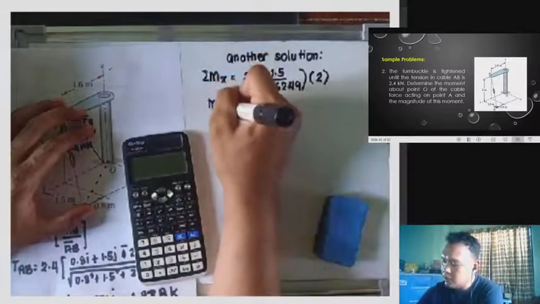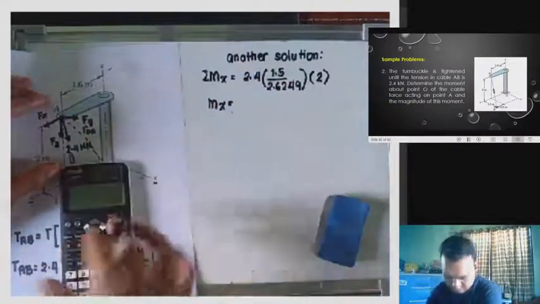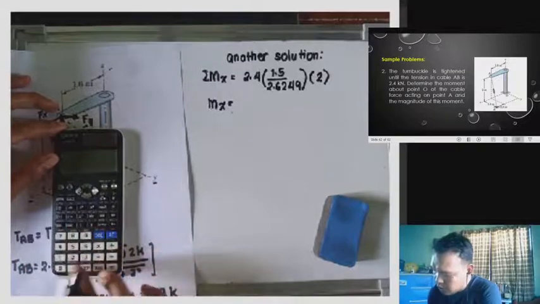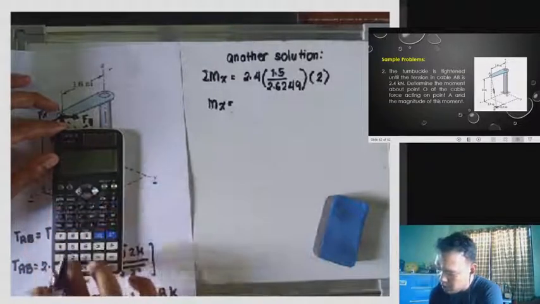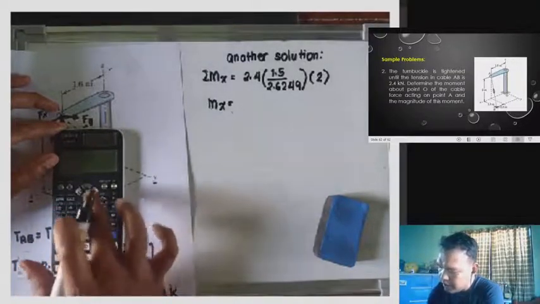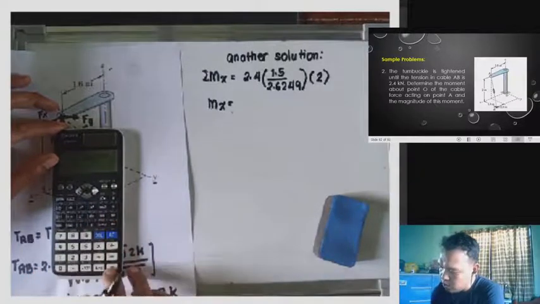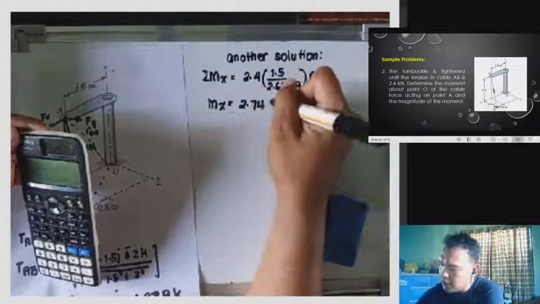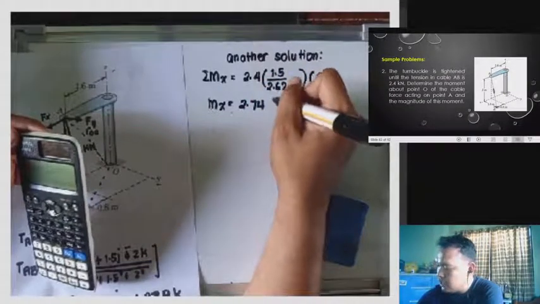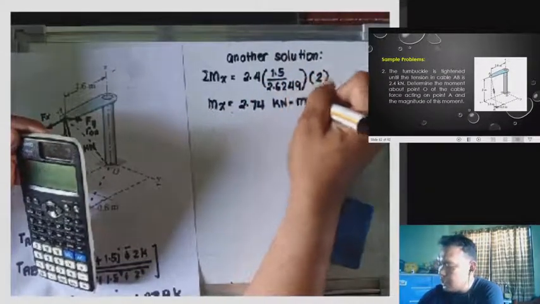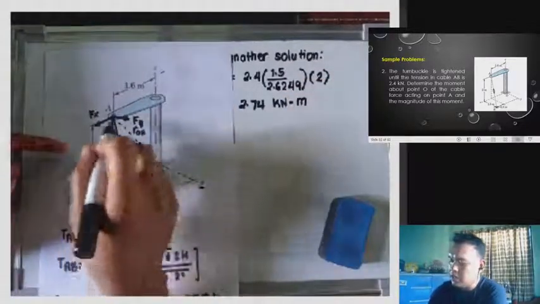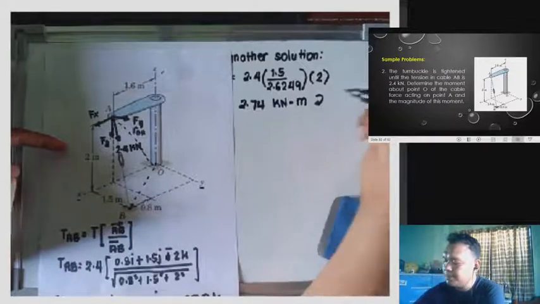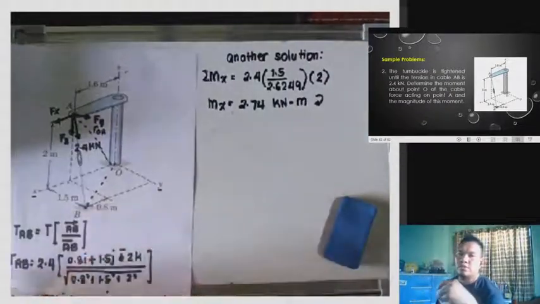So, mx natin is equivalent kay 2.4 times 1.5 all over 2.6249 times 2. So, we have here 2.74 kilonewton meter. Yung moment niya po is pag ganon, ibig sabihin, naka-clockwise tayo, no? Clockwise. Ganyan yung position, yung direction.